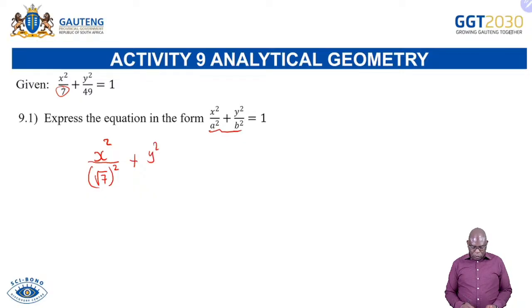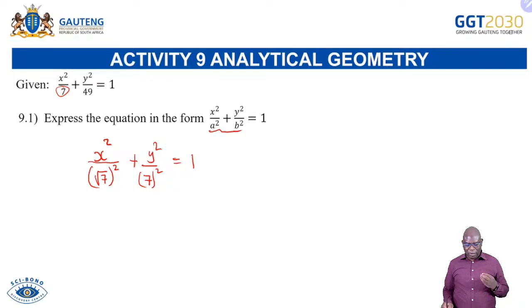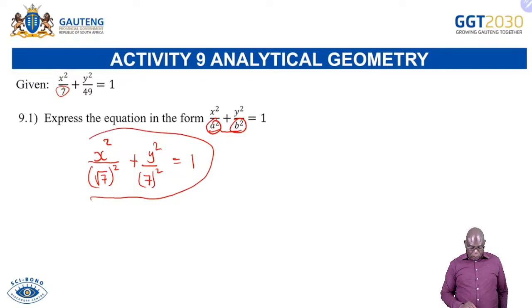So I'll say y squared over 7 squared. Well, 7 squared is 49, and that equals 1. You see, the trick here is to make sure you understand how to write a squared and how to write b squared. With a number which is not a perfect square, you must put a square root, so that we can have this.